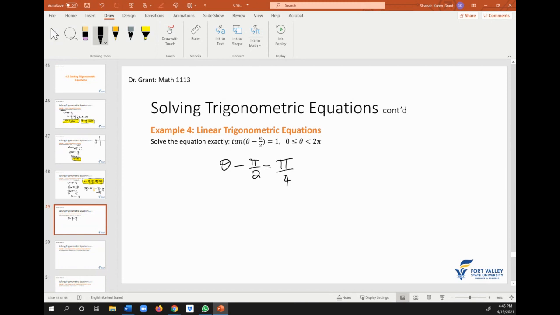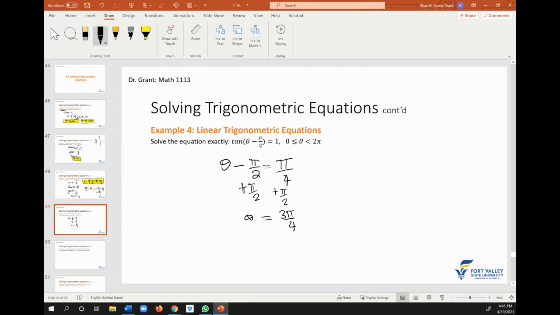So if we're solving for what is the theta that if I plug it in and I subtract pi over 2 from it, I'll get pi over 4. Well, I'll add pi over 2 to both sides. So I get that theta equals, is that 3 pi over 4? Okay. And so here, the first theta is going to be 3 pi over 4, right?